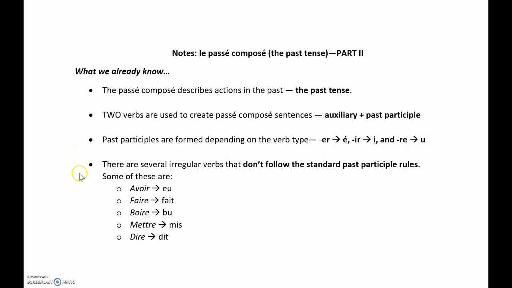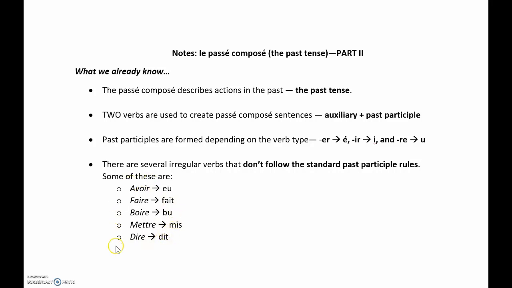Now, as we know, because this is French, there are several irregular verbs that don't follow these standard past participle rules. And some of those exceptions are avoir, which would change to eu, faire, which would change to fait, boire, which would change to bu, mettre would change to mis, and dire would change to dit.